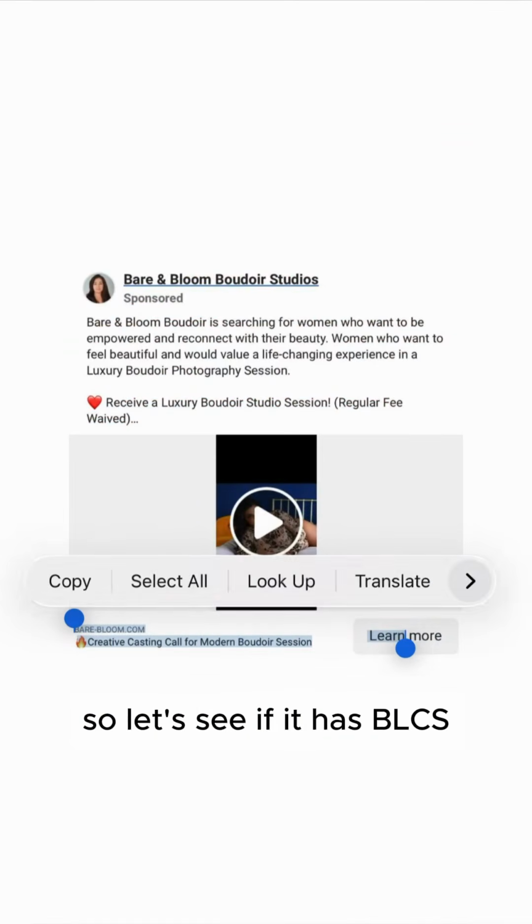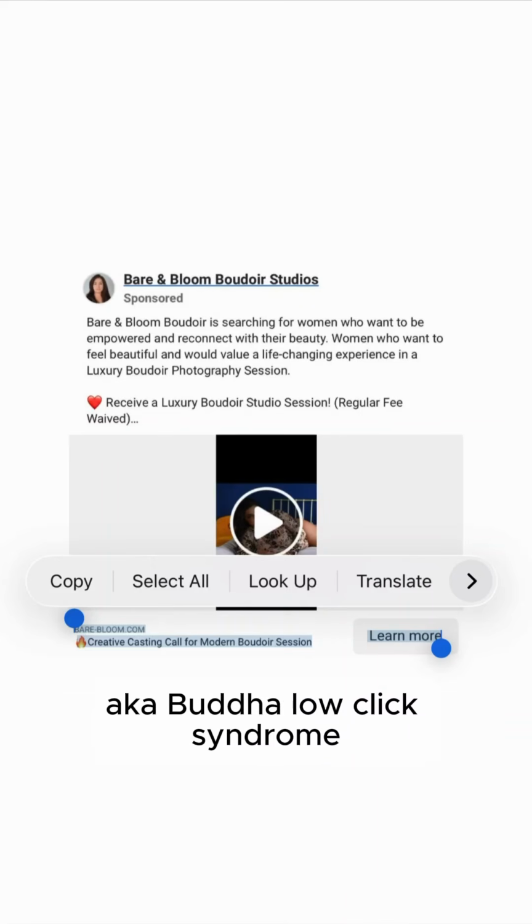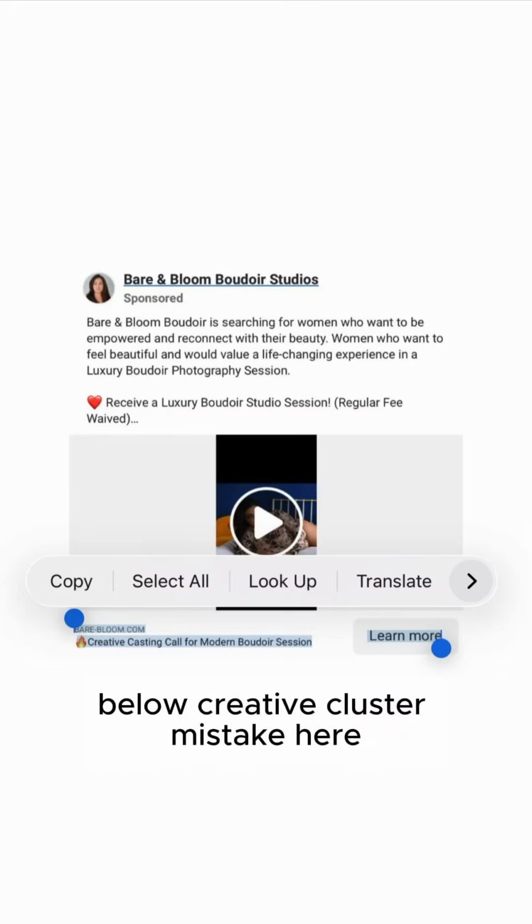All right, so I'm going to see if it has BLCS, aka Boudoir low click syndrome. So we've got the below creative cluster mistake here.